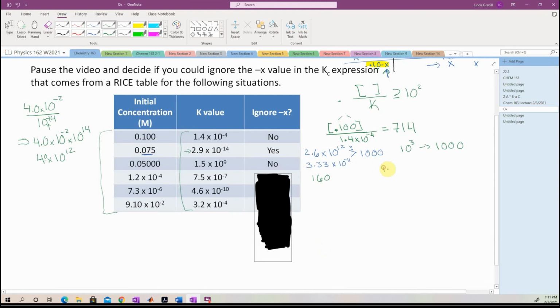So I have 1.2 divided by 7.5, just looking at the numbers that are in front. And what I was doing in my head over here was the 10 to the negative 4 times, this is on the bottom, so the 10 to the 7 is going to pop up as positive. So this is going to give me 1.2 divided by 7.5, which is going to be smaller than 1, and I get 10 to the 3rd.